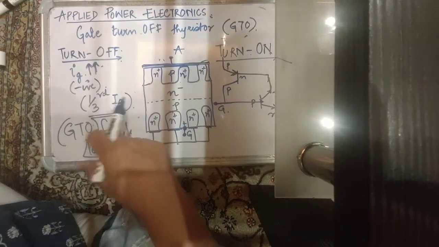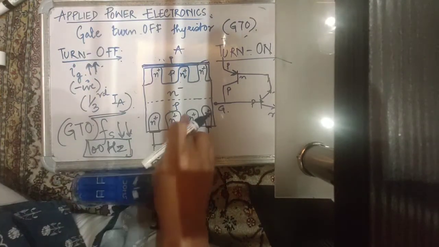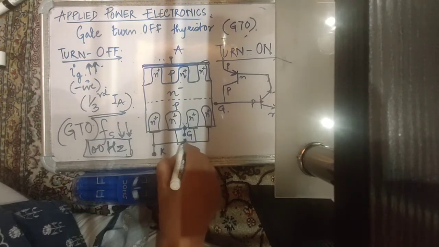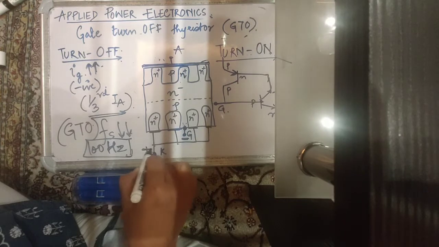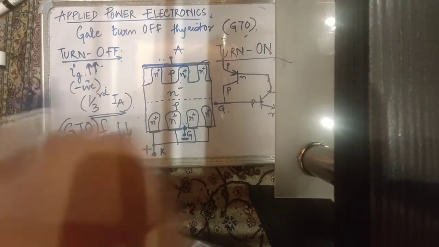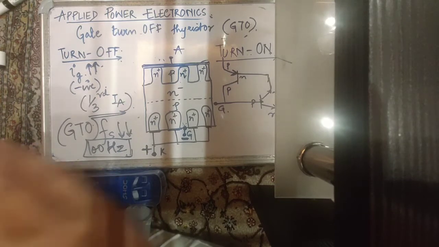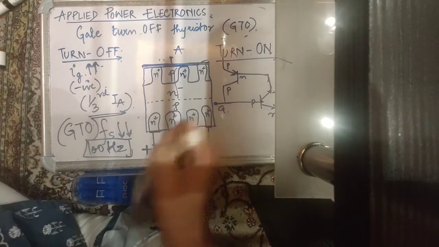Now what happens when we inject a negative gate current? Basically, how we inject a negative gate current is that we make the gate terminal negative with respect to the cathode, highly negative with respect to the cathode, as a result of which the anode current, which was flowing in this direction from the anode, injected PN into the cathode, something like this.